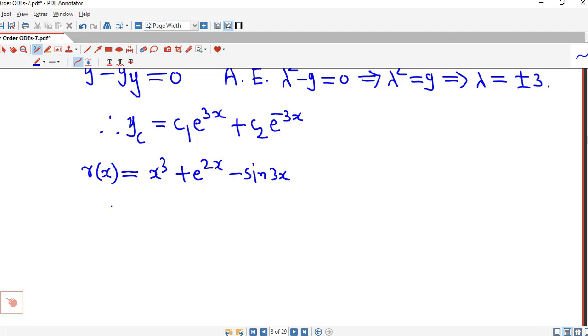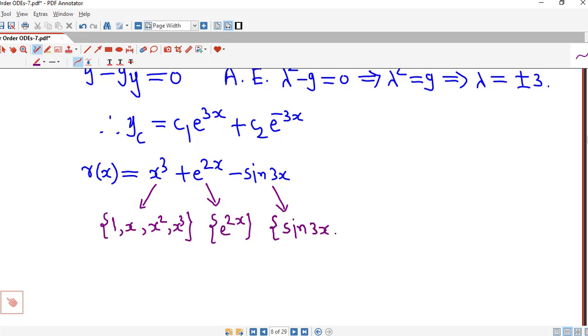So first we have to write down the families corresponding to each function, and then we have to take the union of the corresponding families of derivatives. The family corresponding to x cube is 1, x, x square, x cube. The family corresponding to e raised to 2x is e raised to 2x only, and the family corresponding to sin 3x is sin 3x, cos 3x.